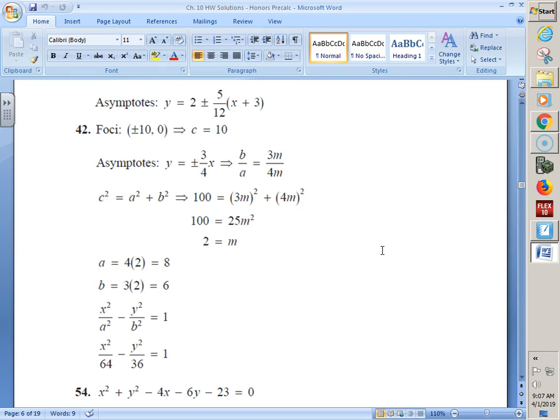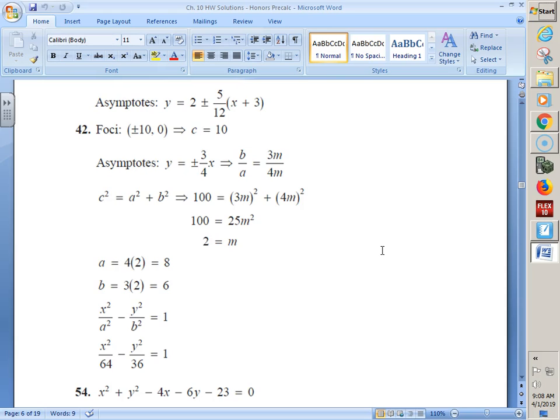The slope reduced. Because the only way to get 10, a distance of 10, 3 and 4 don't make 10. Wait, what am I talking about? Isn't there a formula that relates A and B and C? A squared plus B squared, 9 and 16 is 25, not 100. But 36 and 64 makes 100, and it makes 3/4.